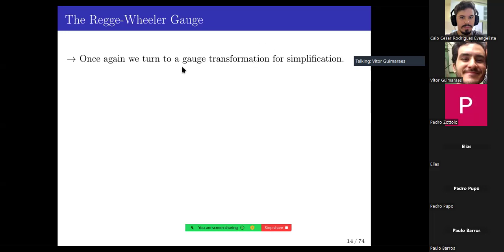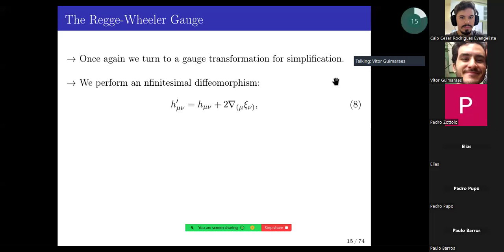There was an analog for GR of what it means to have a gauge freedom, which is related to invariance under coordinate transformations, which in GR is equivalent to having an invariance under a group of infinitesimal diffeomorphisms. So once again, we turn to these gauges so that we can simplify our equations.